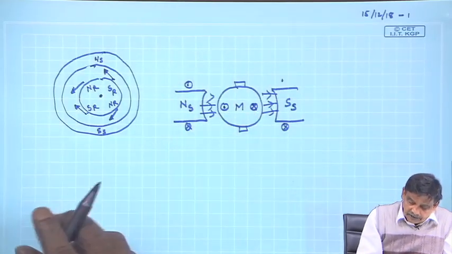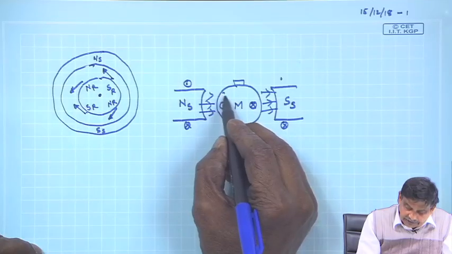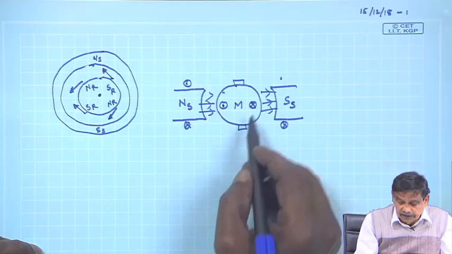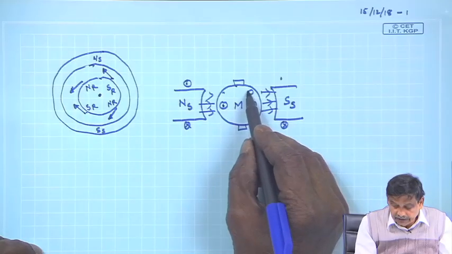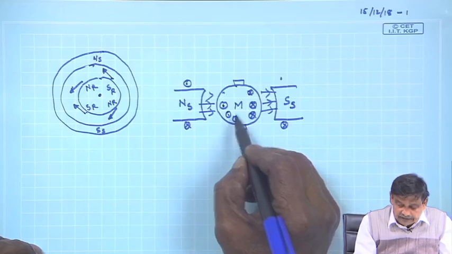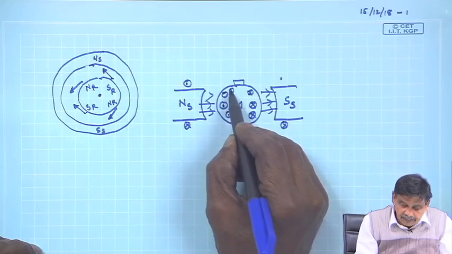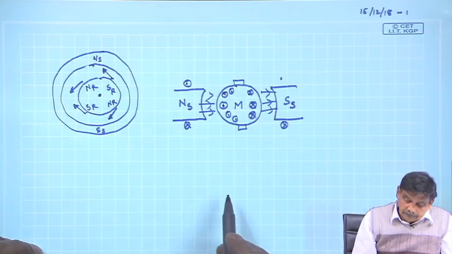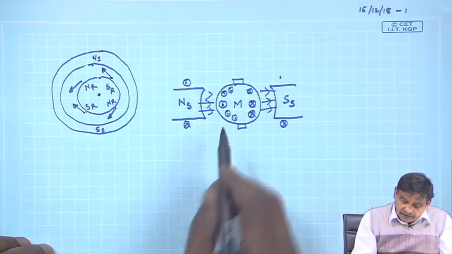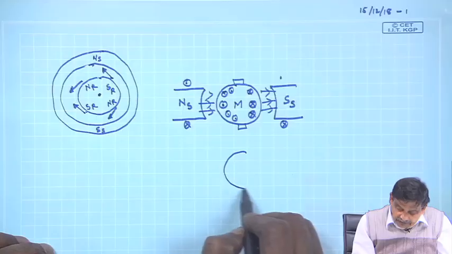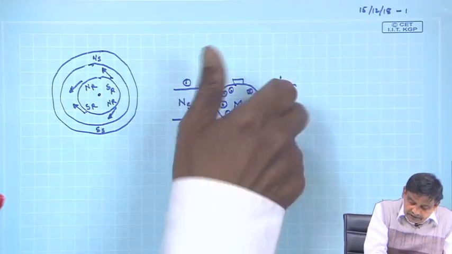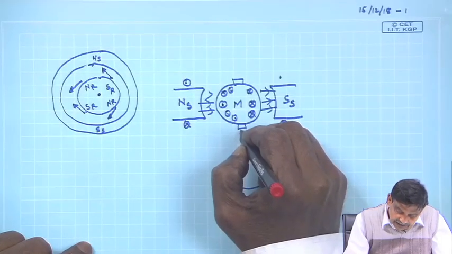There are several conductors here, all carrying dot current on the left side of the brush and all carrying cross current on the right-hand side of the brush. So, the field will also be created by the rotor. What will be the direction of the lines of force? As you can see, it will be like this here.